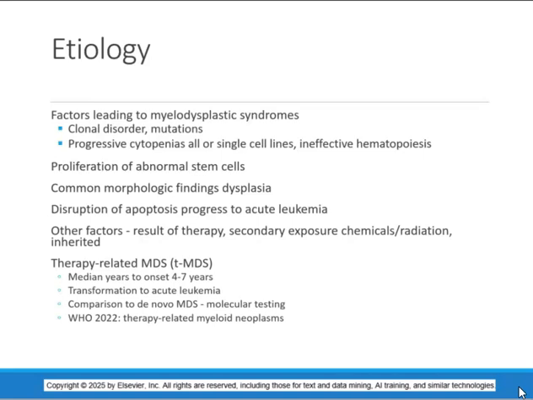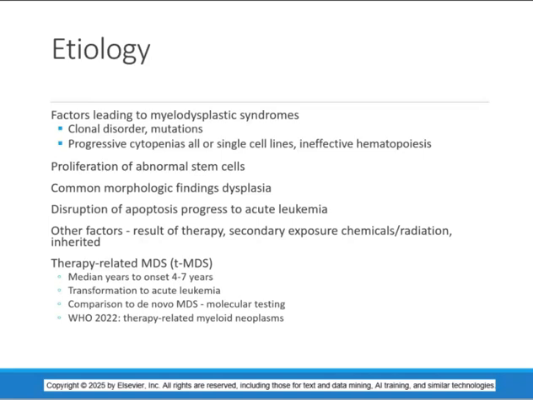So that's just abnormal, right? So the findings we have is just dysplasia. So eventually it is going to progress to acute leukemia, so that has to be monitored very carefully. So the cells aren't maturing, aren't dying like they should.